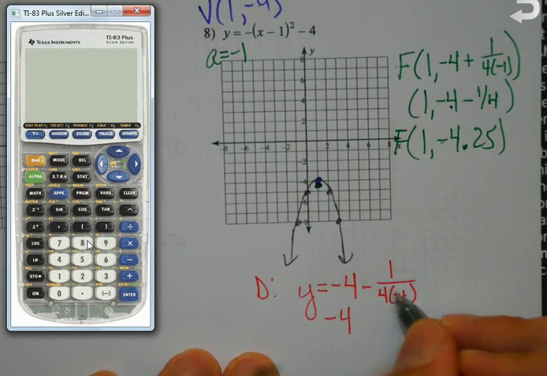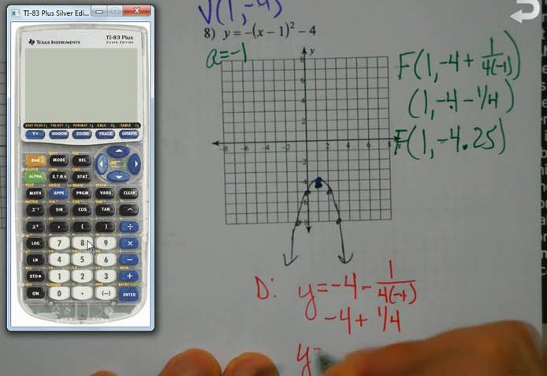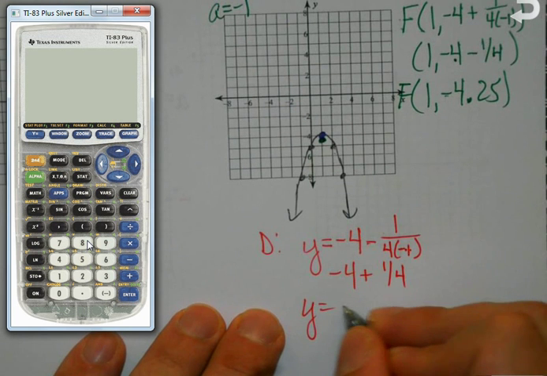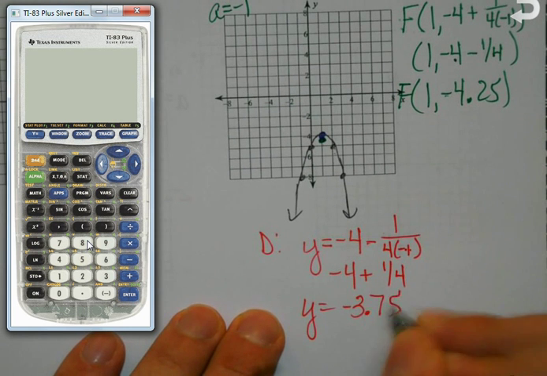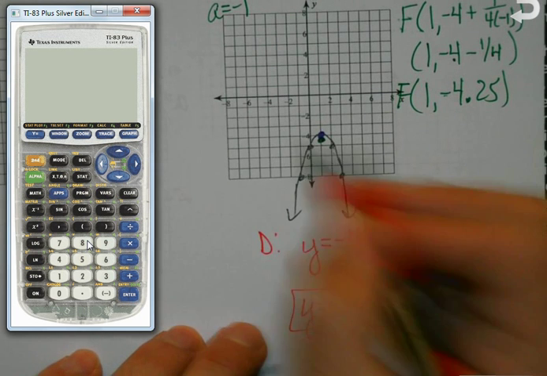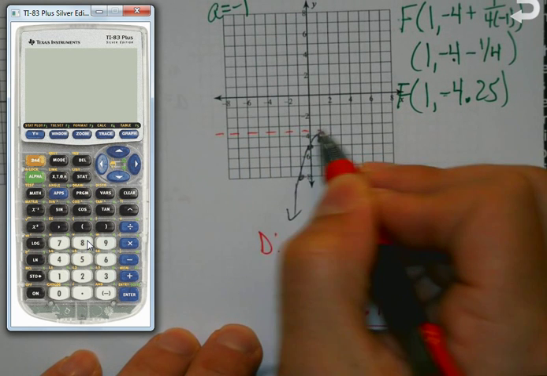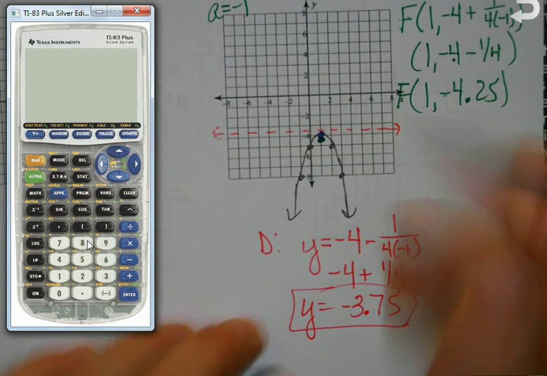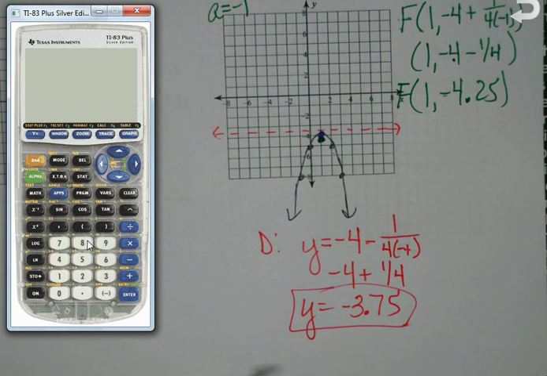But what happens when you minus a negative? Becomes plus. So I owe my friend $4. I paid a quarter back. Now I only owe $3.75. Equidistant from my vertex.